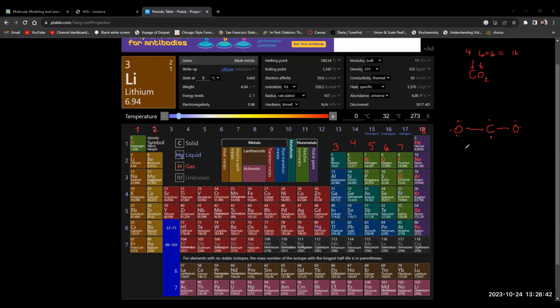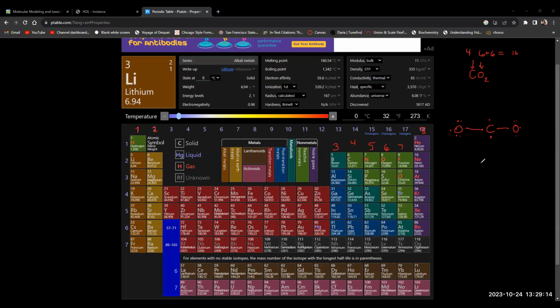None of these elements are in octet, so no one has 8 around them. And that's an issue because if you don't have 8 around each atom, it means it's not stable. So the thing is, though, we can't just make electrons.